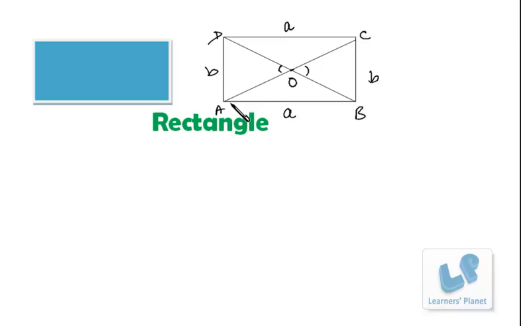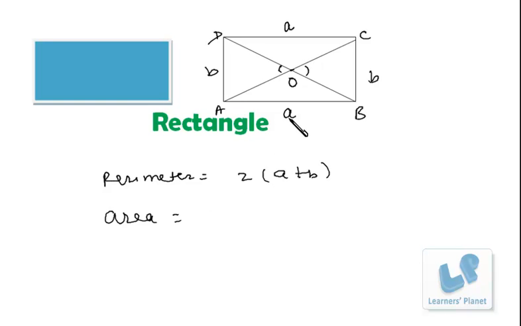Okay, so just write the perimeter. That will be A plus B plus A plus B, that means 2 times (A plus B). And what is the area?